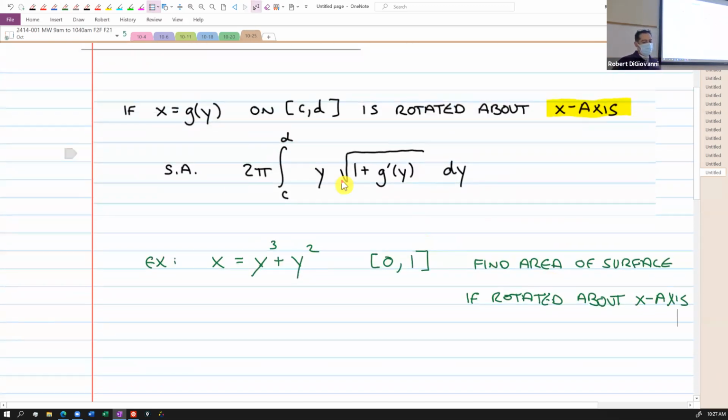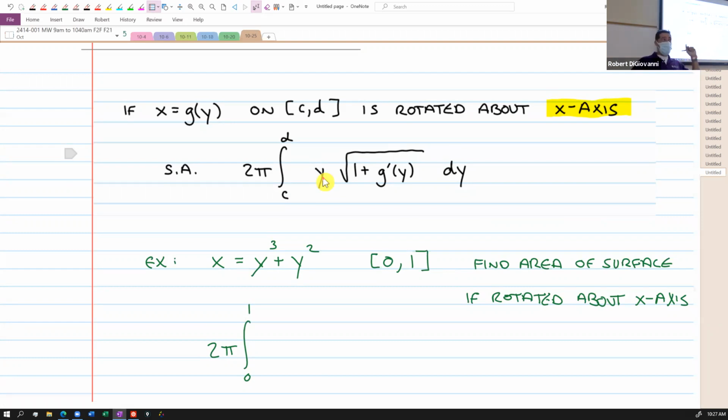All right, so this is a function of y, right? X is some function of y. Our interval c, d is given. We're rotating around the x-axis, so we just want this formula, right? Here's the part that confuses students right here. I'm just going to do 2 pi integral 0 to 1. But look what's in the formula here. Y, right? In the previous formula, we put f of x there, didn't we? We actually put the function of x there.